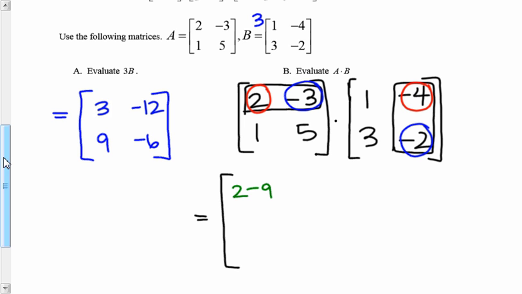So 2 times -4, multiplying whatever's in the red together, gives me -8. And then -3 times -2 gives me +6. So I'm going to add 6. And that's what goes in my top right position. Okay, now let's move on.